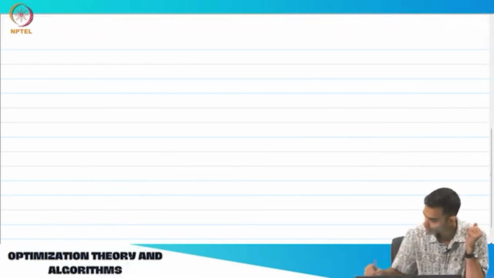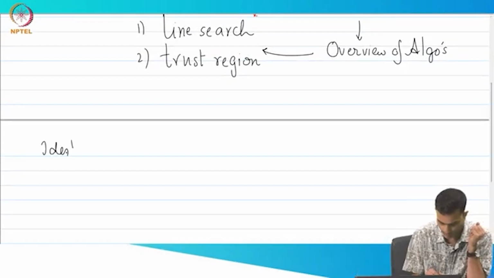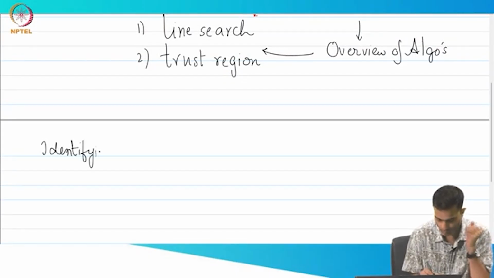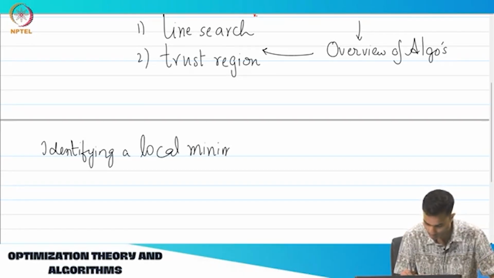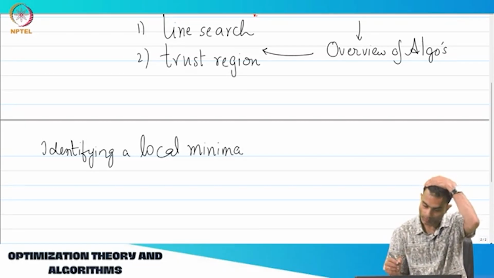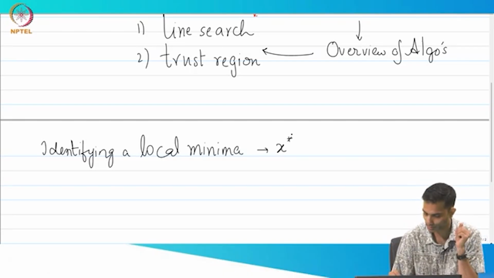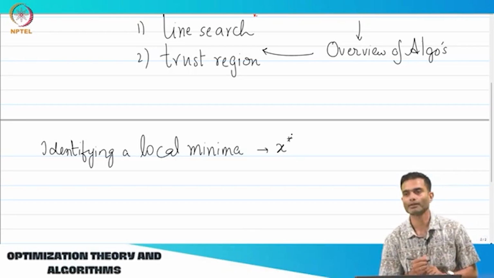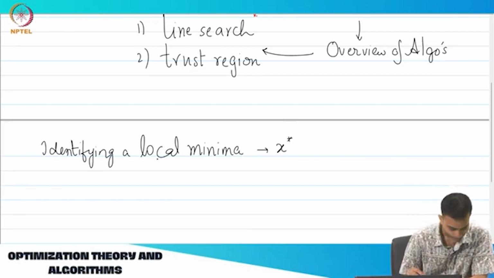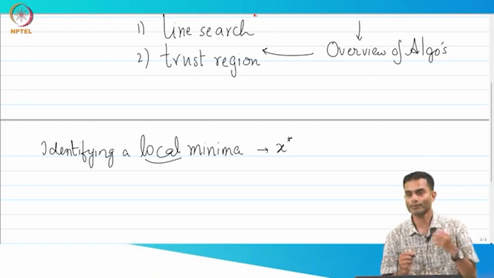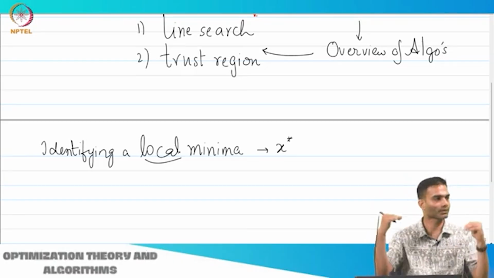So our theme now is identifying. That's the first thing I want to do. Now, to give a special word for this local minima, I'm going to write it as x with a star on it. So if you see x star, in general, it denotes this point, which is a local minima. And because I've already given you a hint that there may be multiple minimas, there must be some hierarchy of minimas, right?